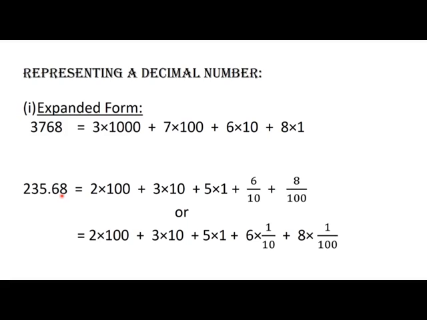After 6, 8. This is in hundredths place, that is 1 by 100, but the number is 8. So 8 divided by 100. Or you can write 6 into 1 by 10, that is the 1 by 10's place, but the value here is 6. So I am writing 6 into 1 by 10 plus 8 into 1 by 100. Is it clear? Okay.